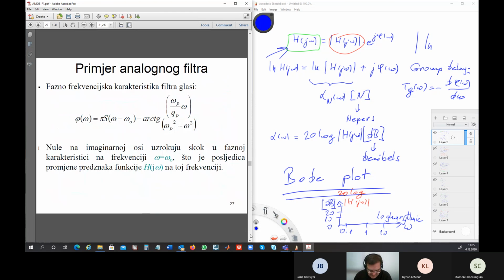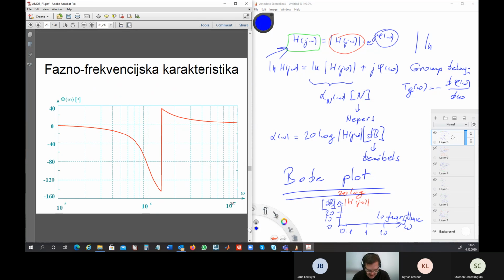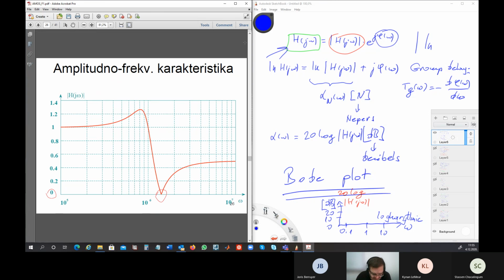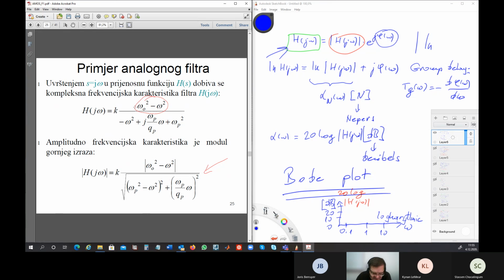And then the phase is this here, and there is a jump of 180 degrees. What does it mean? That means that in the numerator we have a change of sign. If omega is smaller than omega 0, we will have a positive sign. If omega is larger than omega 0, we will have a negative sign.